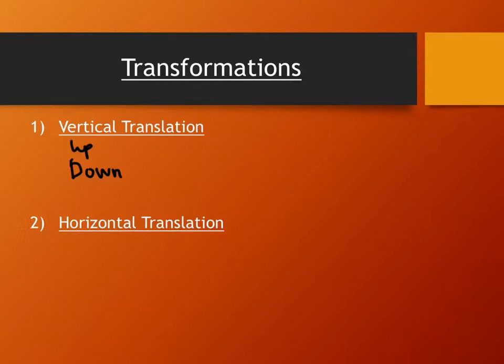A vertical translation is done by having something added or subtracted at the end of the equation. So if you had a function, we'll say f of x, and you added a number on the end, that would be a vertical translation. If the number you added is positive, it moves it up, and if it's negative, it moves it down.